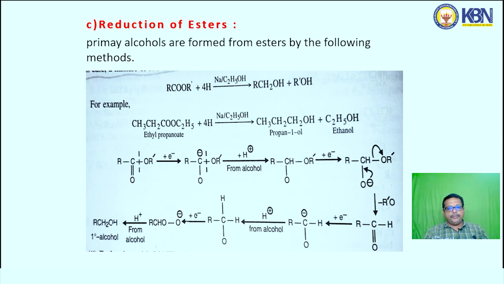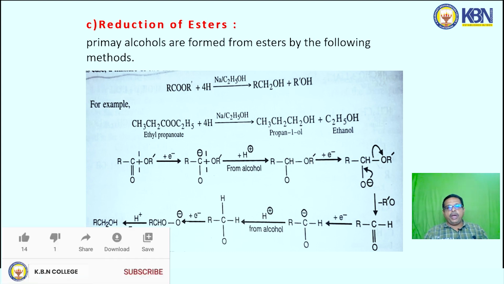For example, when ethyl propionate is treated with sodium and ethyl alcohol, it will produce propan-1-ol and ethanol.